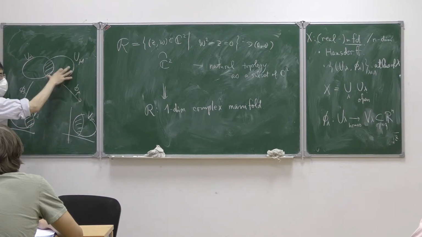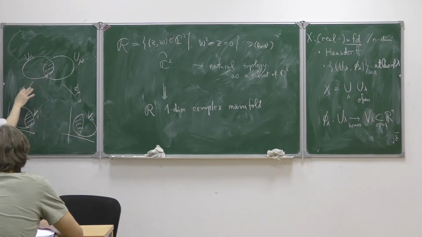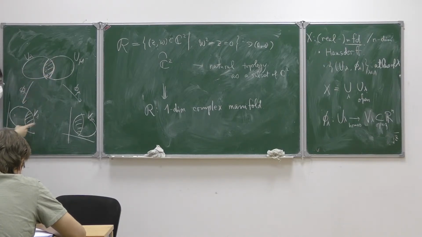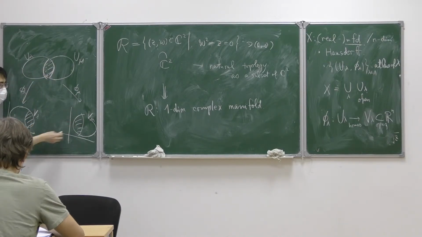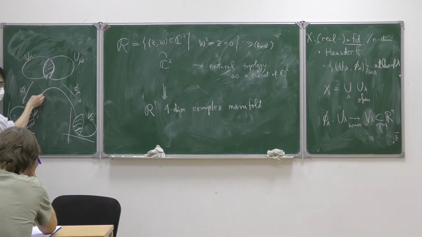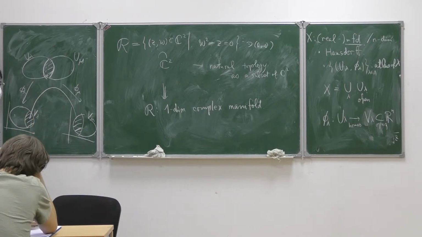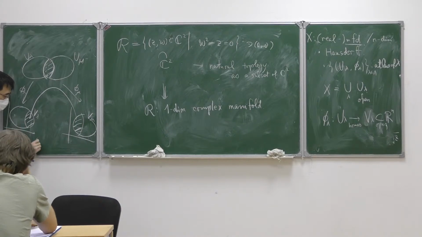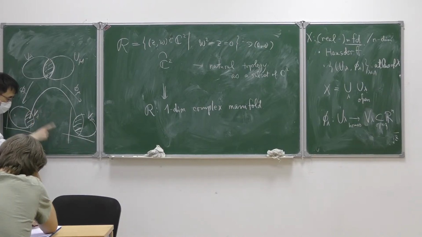So phi mu is a homeomorphism between U and V here. Phi lambda is a homeomorphism between them. So we have two images of the intersection, and so we have a homeomorphism between these images of the intersection.